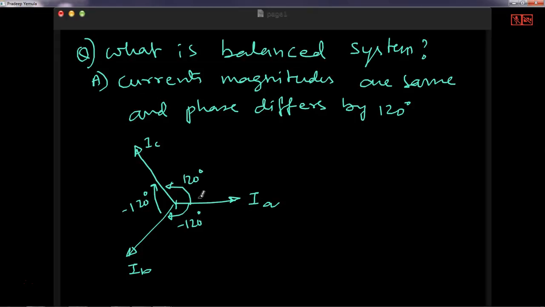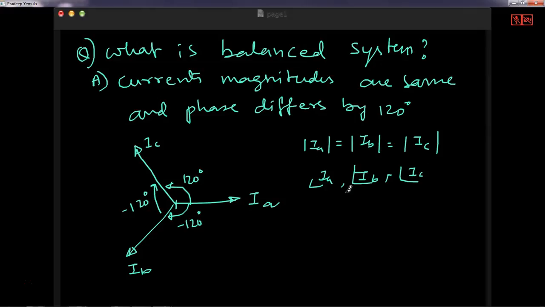So the magnitudes are equal: magnitude of IA equals magnitude of IB equals magnitude of IC, and the phases of IA, IB and IC differ by 120 degrees. So this is the definition of a symmetrical or balanced system.